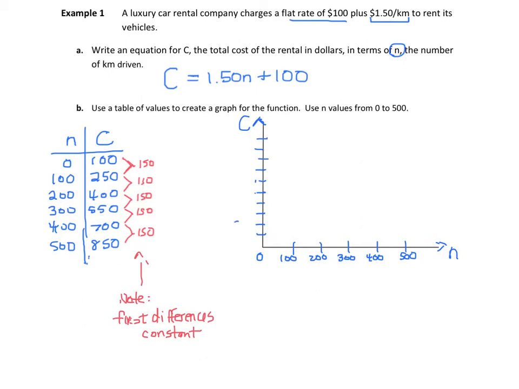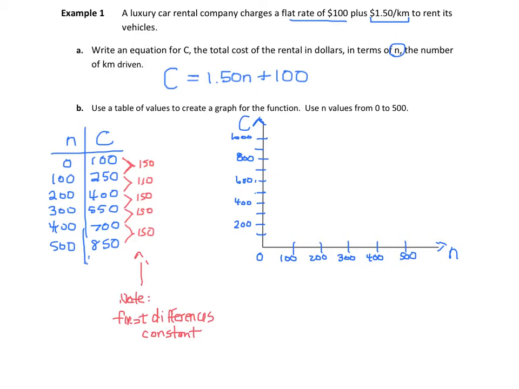Let's go up by 100s, but I'll just mark off each $200 increment up to 1,000. Then we'll plot our points as best we can.